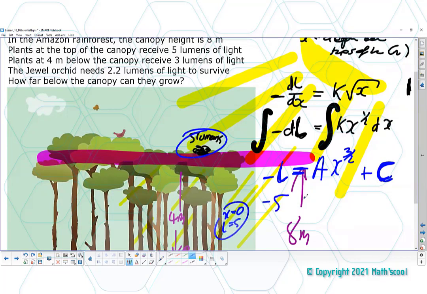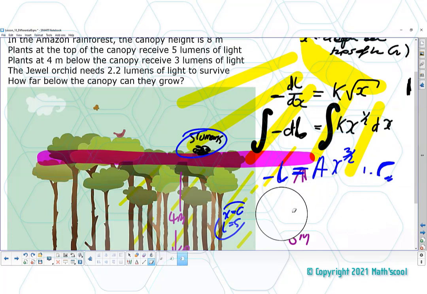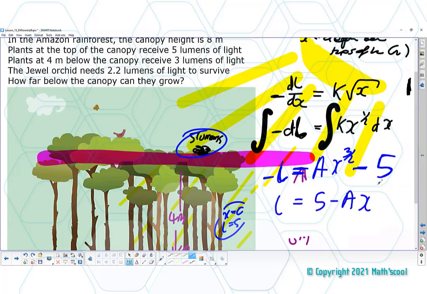So minus 5 equals A times 0 plus C. Okay, so C must be minus 5. I can get rid of the C and change it to minus 5. In which case, I might as well tidy up the equation by multiplying through by minus 1. So L equals 5 minus A x to the 3/2. Multiply through by minus 1 just to tidy up.